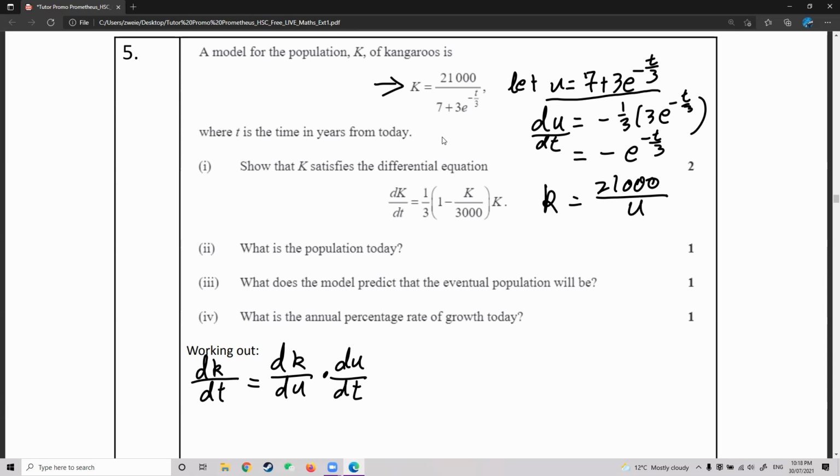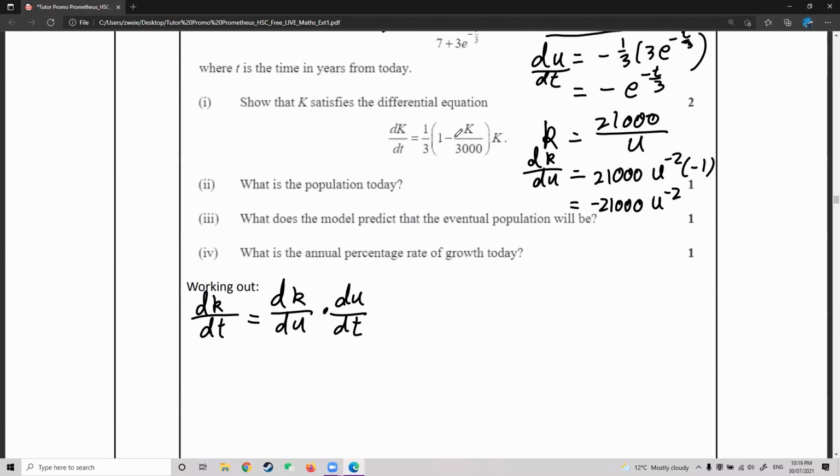Now I'm differentiating my k in terms of my u. I'll have 21000 u minus 2, dropping the minus 1 down. So I get minus 21000 u minus 2.